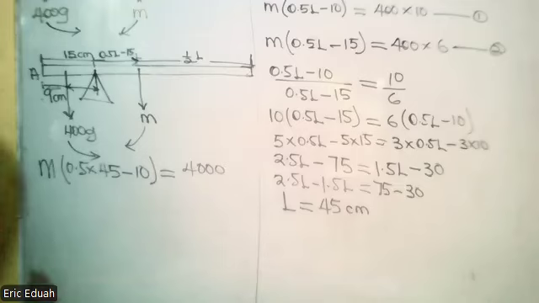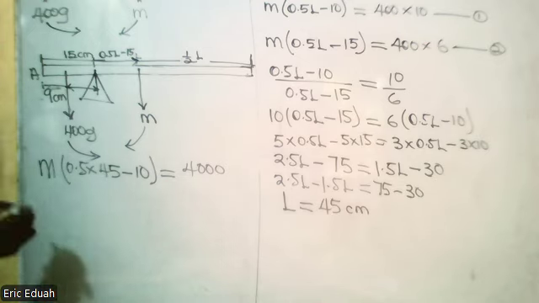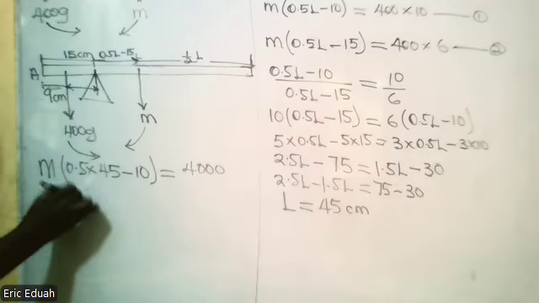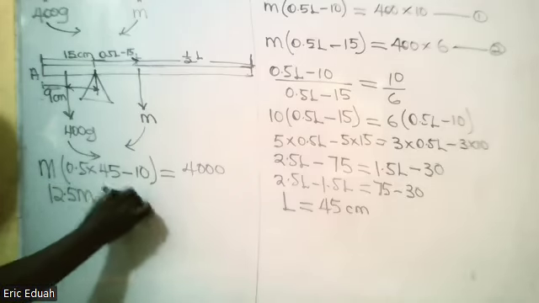What is 0.5 by 45? 22.5. 22.5 minus 10 is 12.5, which is equal to 4,000.